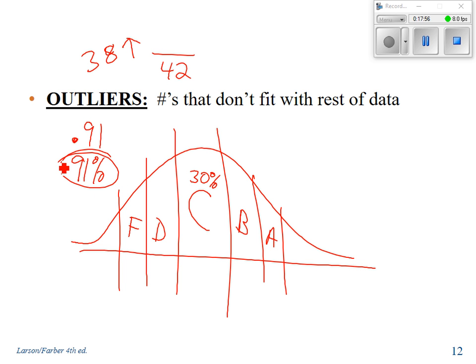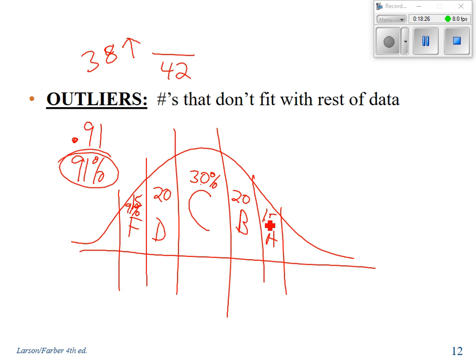With a bell curve grading system, even though the lowest grade was a 38, guess where that lowest grade would fall in here? It'd be the F. So you'd have a 91% and you would be here. All right? So with the bell curve, what you have to do is separate it so there's like 30% here, 20% here, 20% here, 15% here, 15% there.